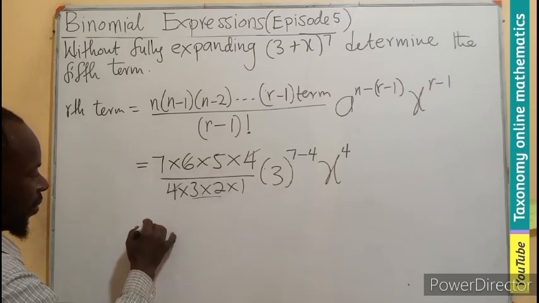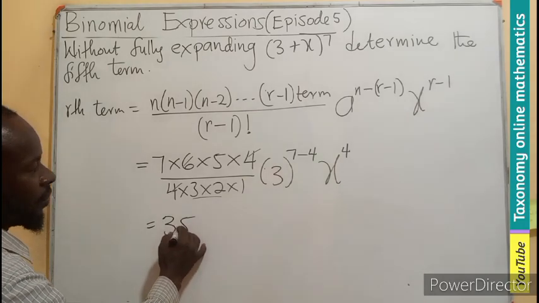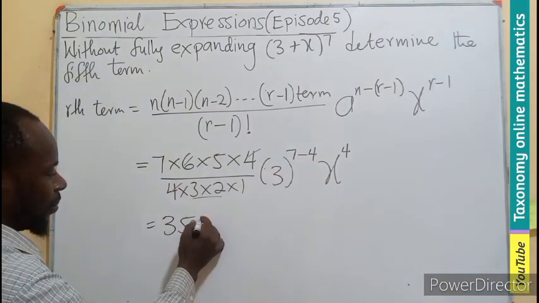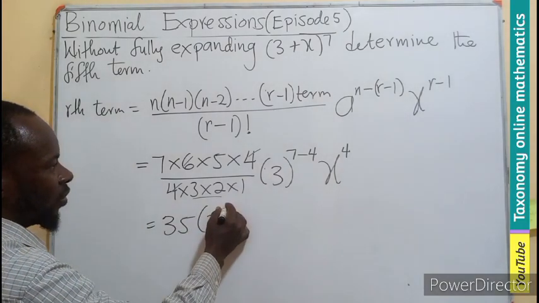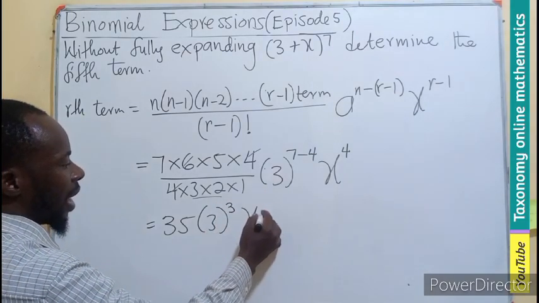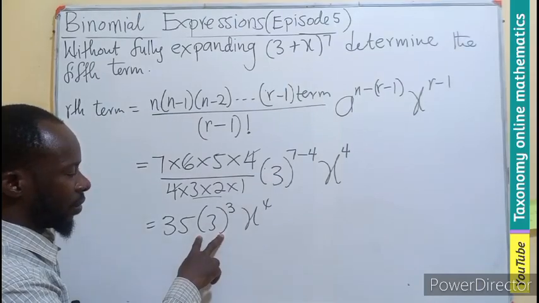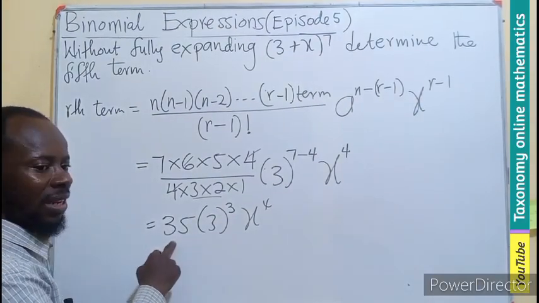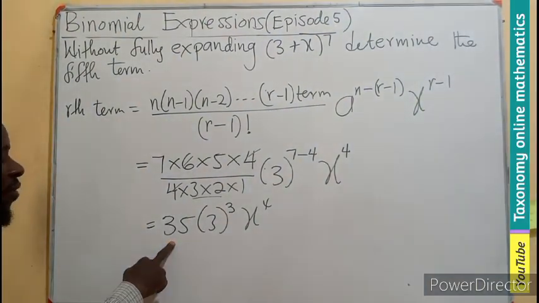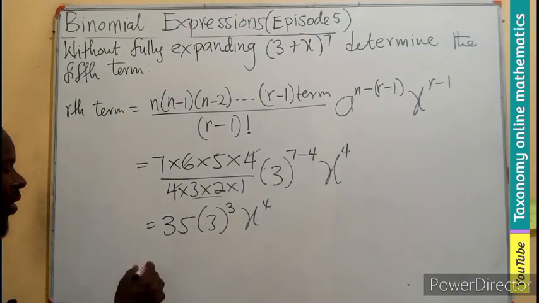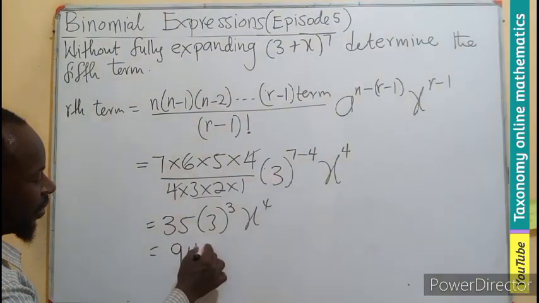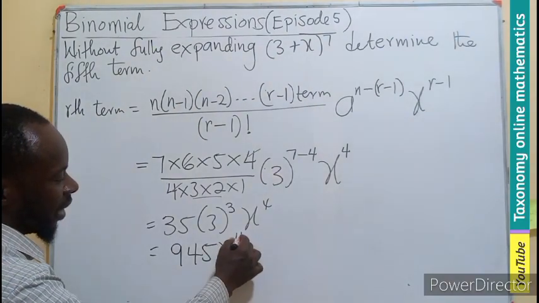So we have 35 times 3 exponent 3, x exponent 4. In this case, we are going to have 27 times 35, and that will give us 945x exponent 4.